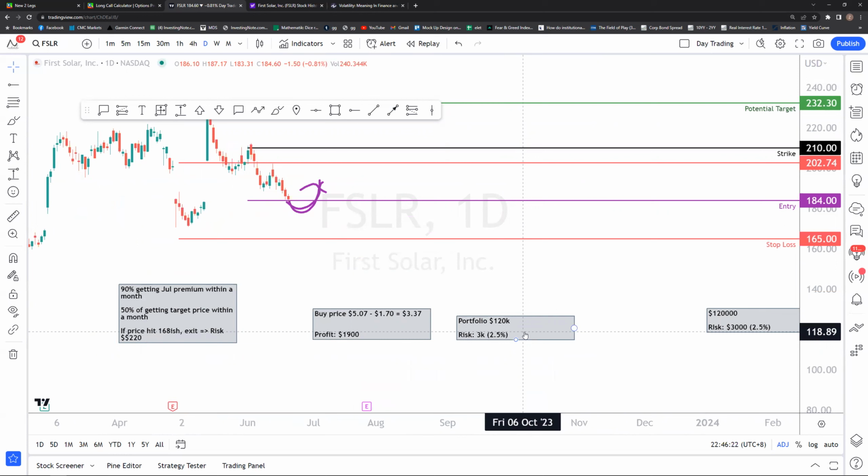So in this kind of situation, if you ask me, I don't scared hit stop loss. I am not scared the trade goes wrong. I mean, if it goes wrong, then go wrong, because I'm only losing a very small portion. If I am risking maybe only $1,000, that is probably less than 1% of my portfolio.